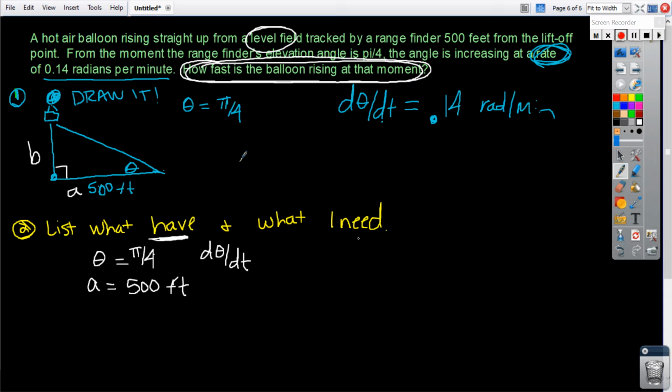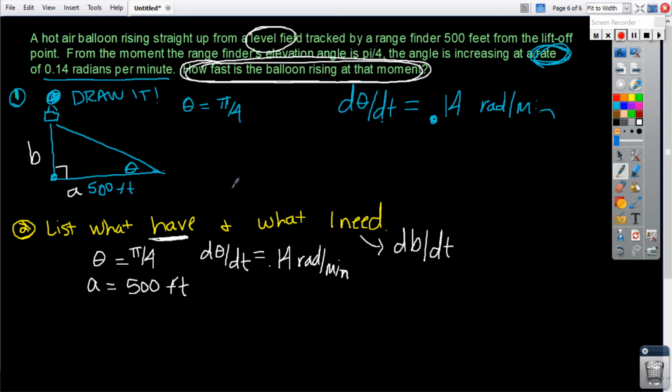And so what I need is dB dt. How fast is the balloon rising based on this problem? All right, so I have listed what I have, and I know what I need. And I'm sorry, d theta dt was 0.14 radians per minute.